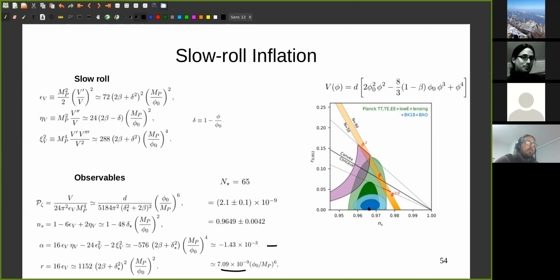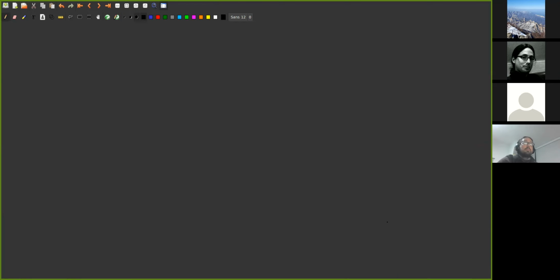However, the parameter alpha, which corresponds to the tilt of the tilt, if you want, the derivative, is within the actual bound, and could be detected by next generation experiments. Okay, so all that to say that this model is perfectly in agreement with recent observations of the inflationary observables like r, the tensor to scalar ratio, and the tilt of the scalar power spectrum.